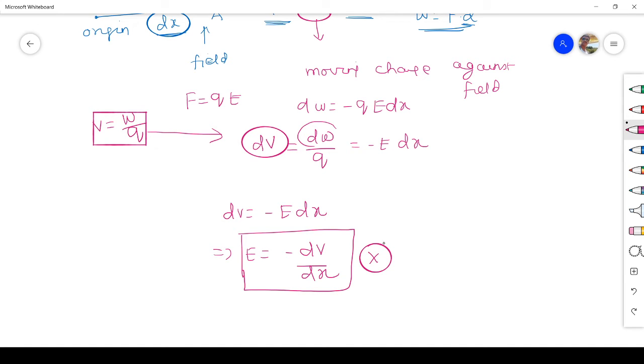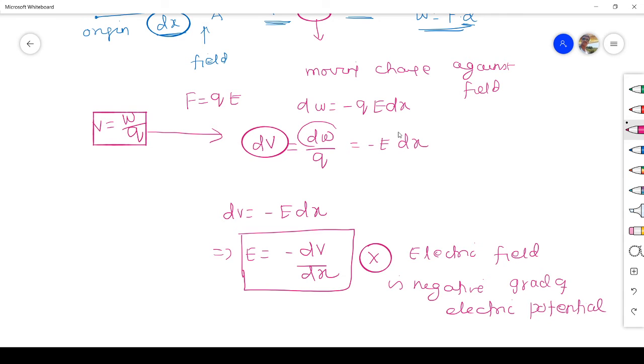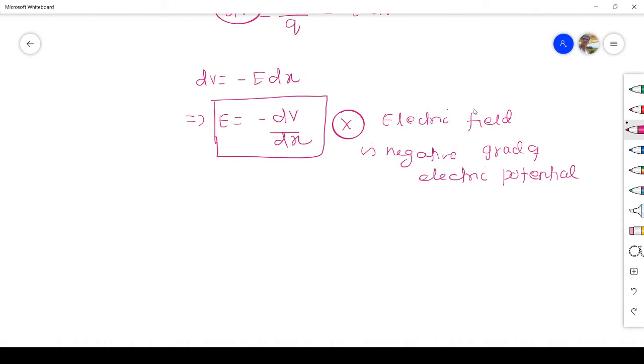So what it is telling is, electric field is the negative gradient of electric potential. What is the meaning? I will explain now, right? We must know what gradient is.